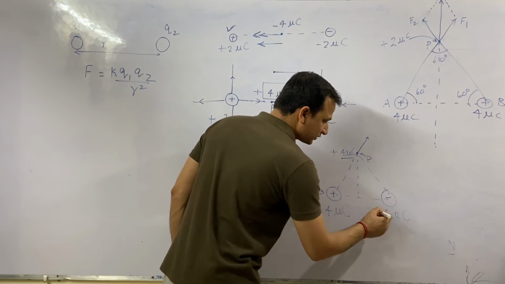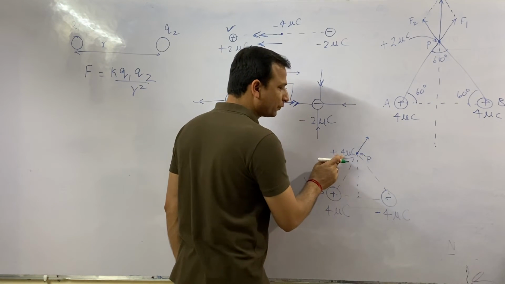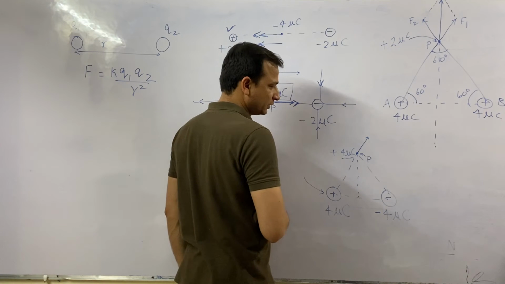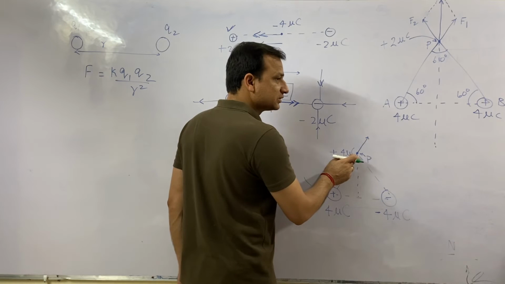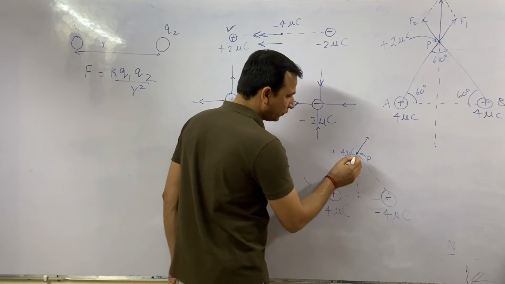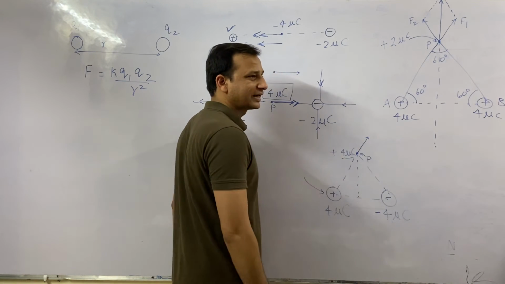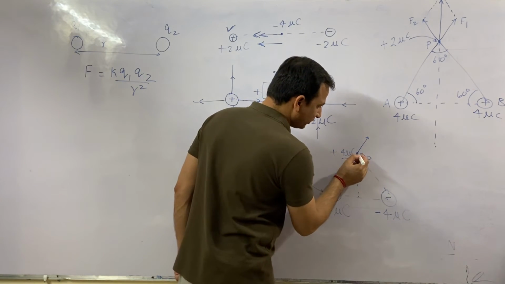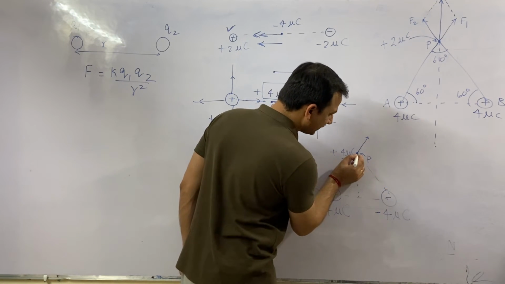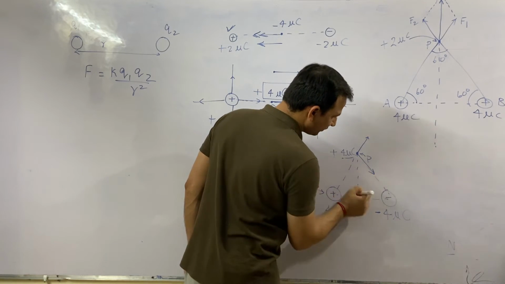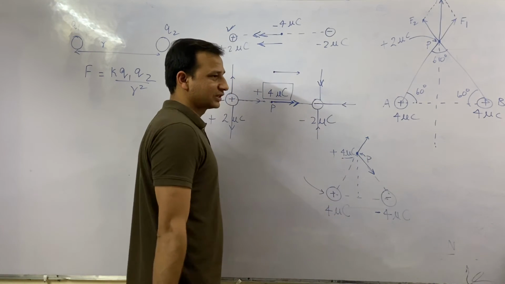This is a negative charge of 4 microcoulomb, and this one is a positive charge of plus 4 microcoulomb. So the direction of force which will act on this point P would be towards this negative charge, because the force is attractive in nature. So now this point P will experience a force towards the minus 4 microcoulomb charge. So the direction of the arrow is towards the charge.